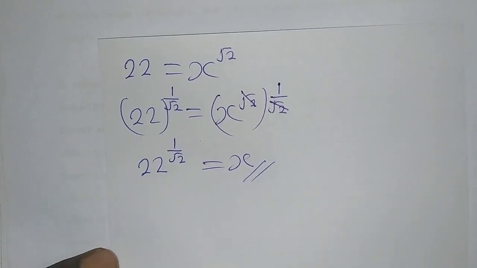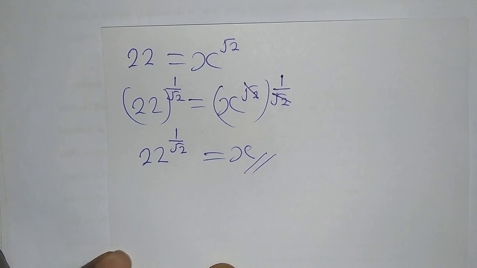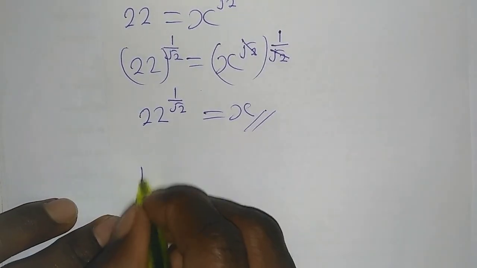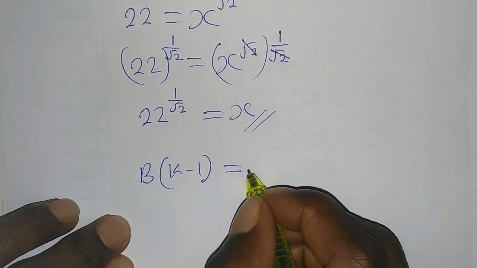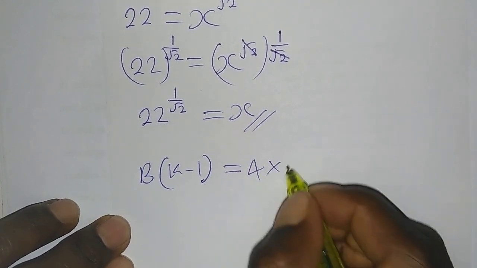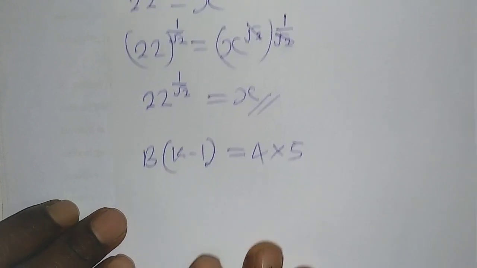Now, to get the third solution, we use the factors 4 multiplied by 5. Then we have b into k minus 1 equal to 4 multiplied by 5.